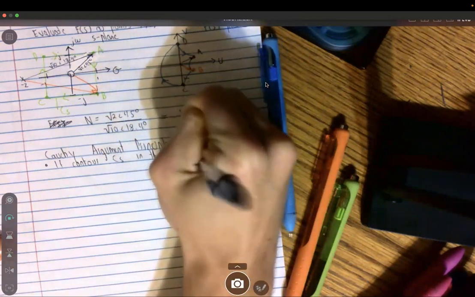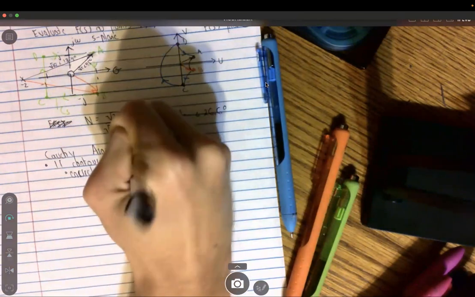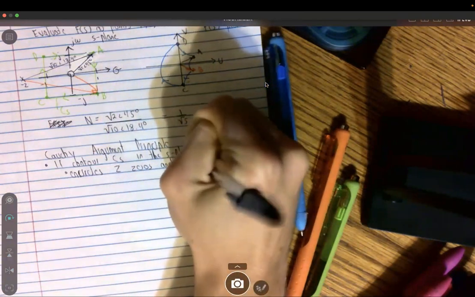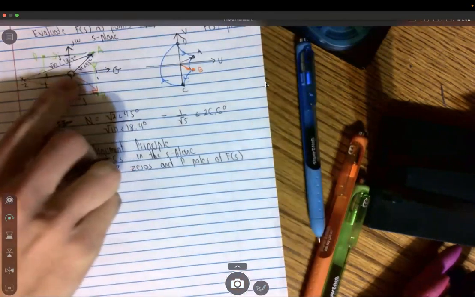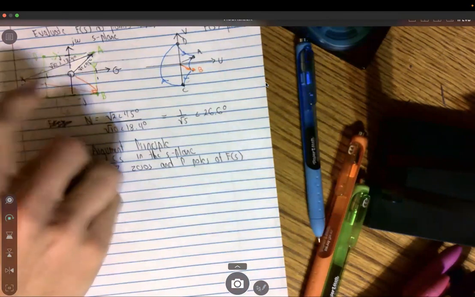In the S-plane, if the contour encircles Z zeros and P poles of f of S. Notice how this contour encircled a zero, but not a pole.